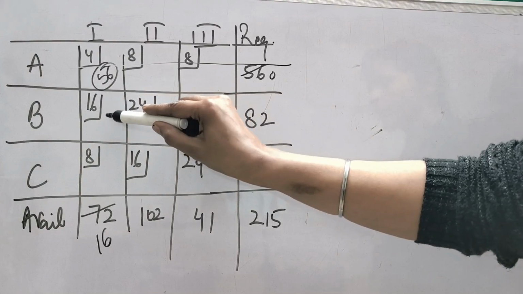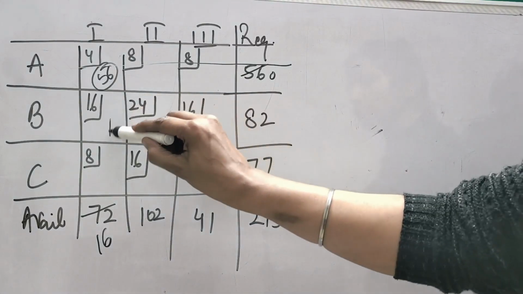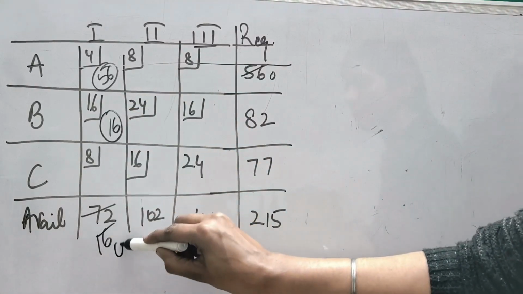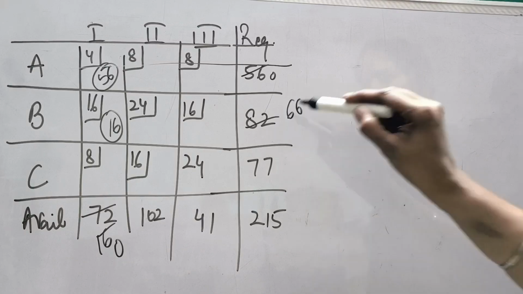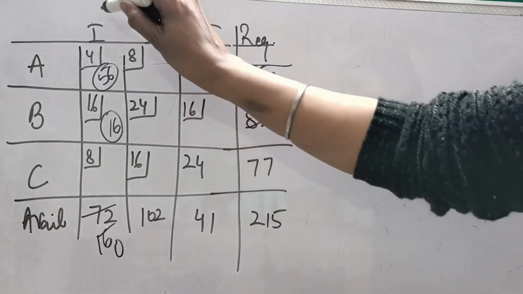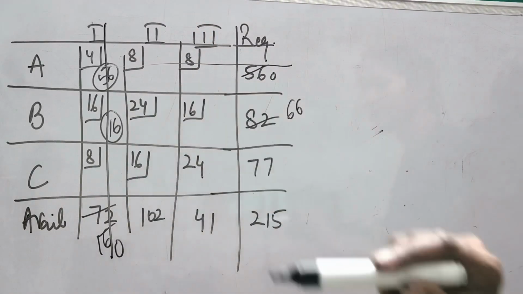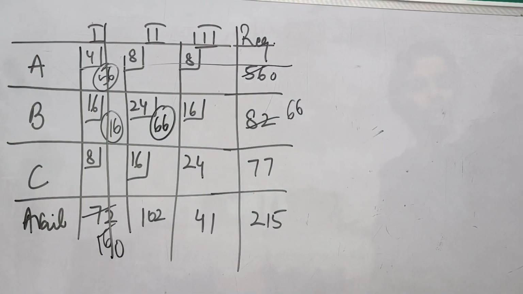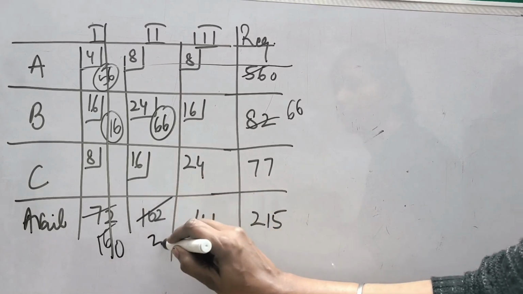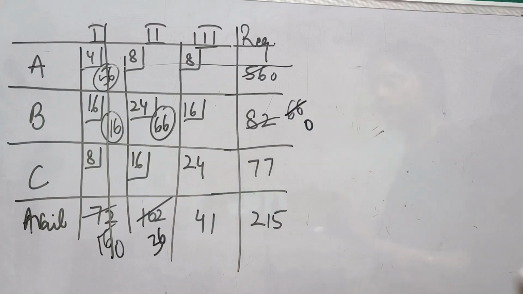Now this is the northwest corner, 16 and 82. So we will put 16 over here and 82 minus 16 will be 66 over here. So now this column will be deleted. This is the next northwest corner. So we will write here 66 and 102 minus 66 will be 36 over here, and this will be 0 over here.